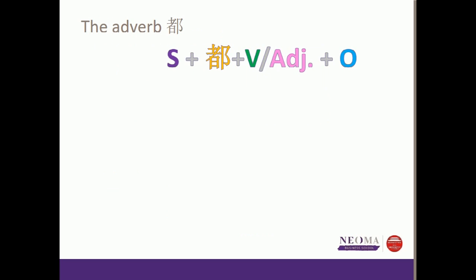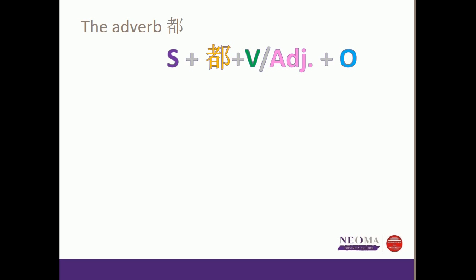So the adverb 都, as you may already be familiar with, means all, and is put in front of the verb or adjective. So you use 都 to mean the things you mentioned before all match with the verb behind 都, or match with the adjective, no matter whether it's pretty or beautiful or good, whatever the adjective is, the things you mentioned all belong to this category.